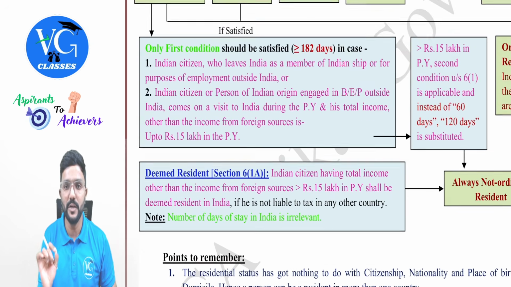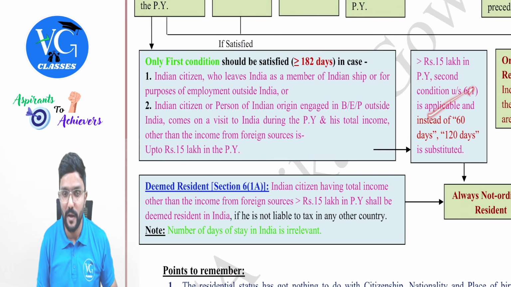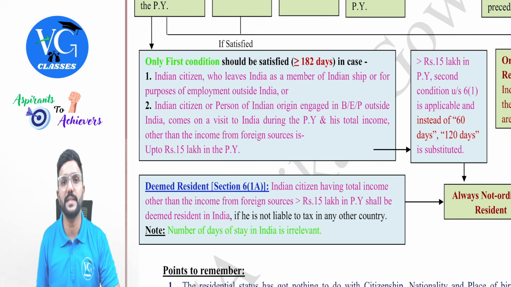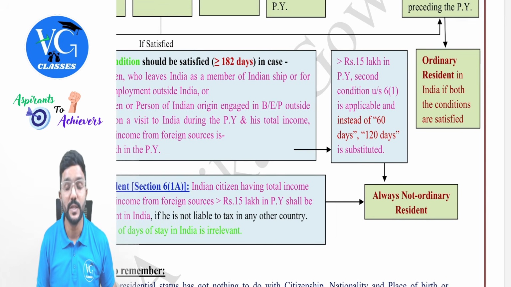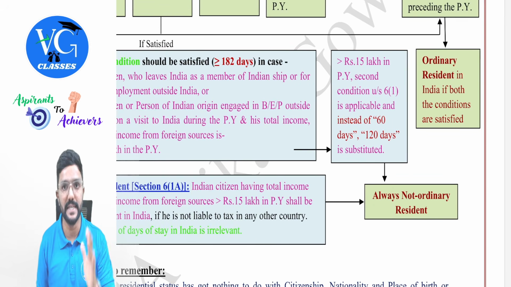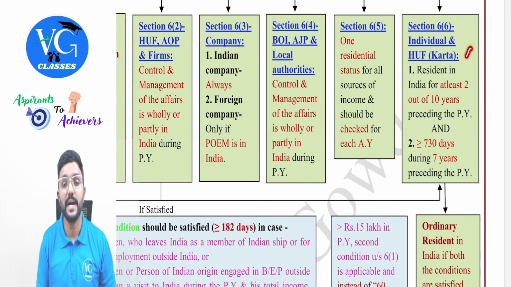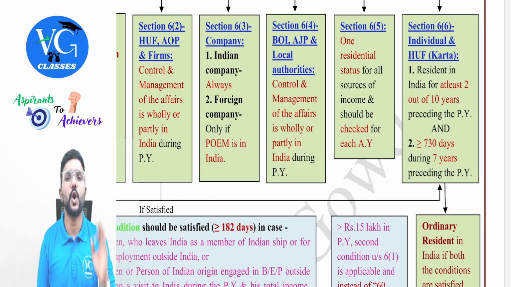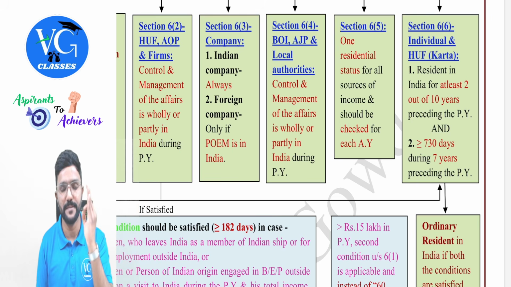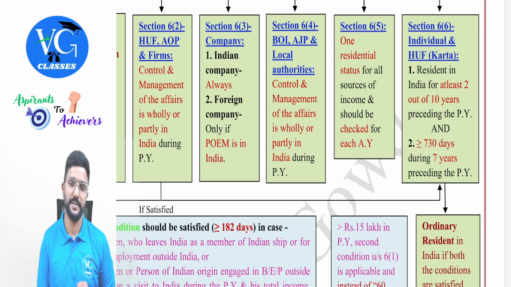And whenever an individual is covered in this point or this point, and if they become resident, they're always treated as not ordinary resident. That means in this and this case, no need to check additional conditions, guys. Even though they become resident, we don't check additional conditions. Is that clear? They're straight away not ordinary resident. Please be careful with it.